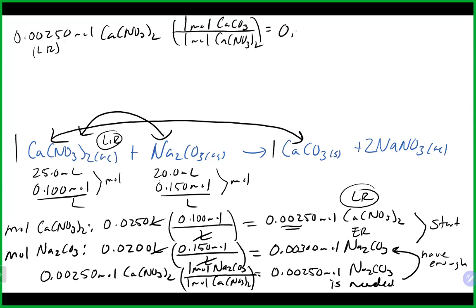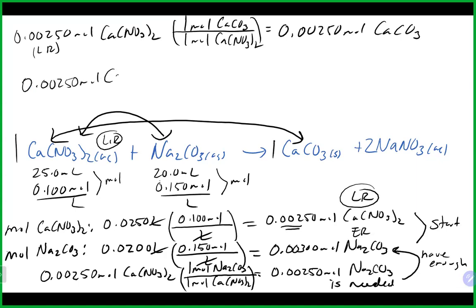That's going to give us 0.0025 moles of calcium carbonate. That is essentially our theoretical yield in moles. We're looking for our grams of it. So calcium is 40.08 from the periodic table, 1 carbon at 12.01, and 3 oxygens at 16 gets us 100.1 as the molar mass.